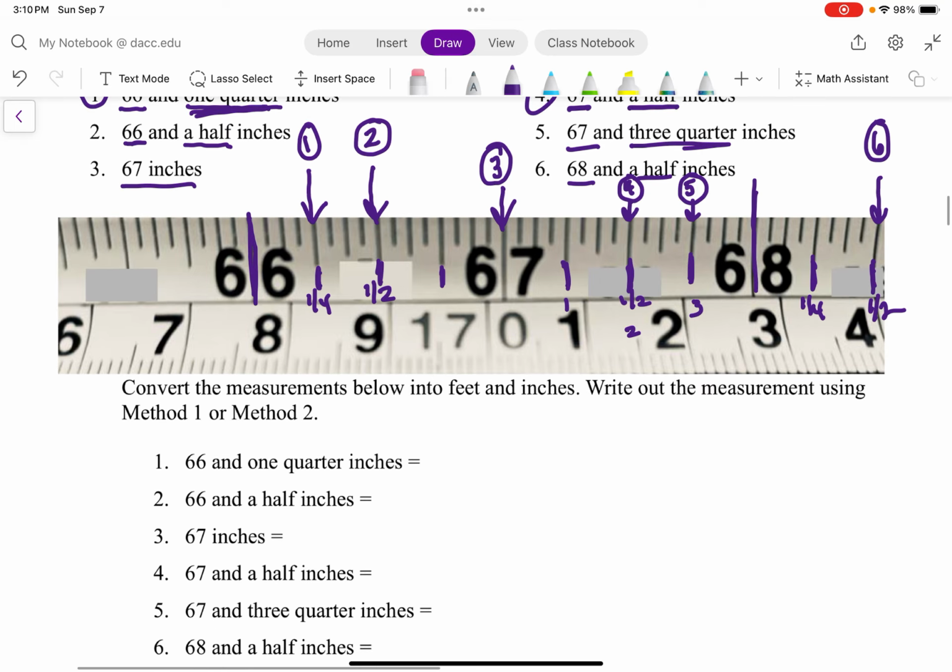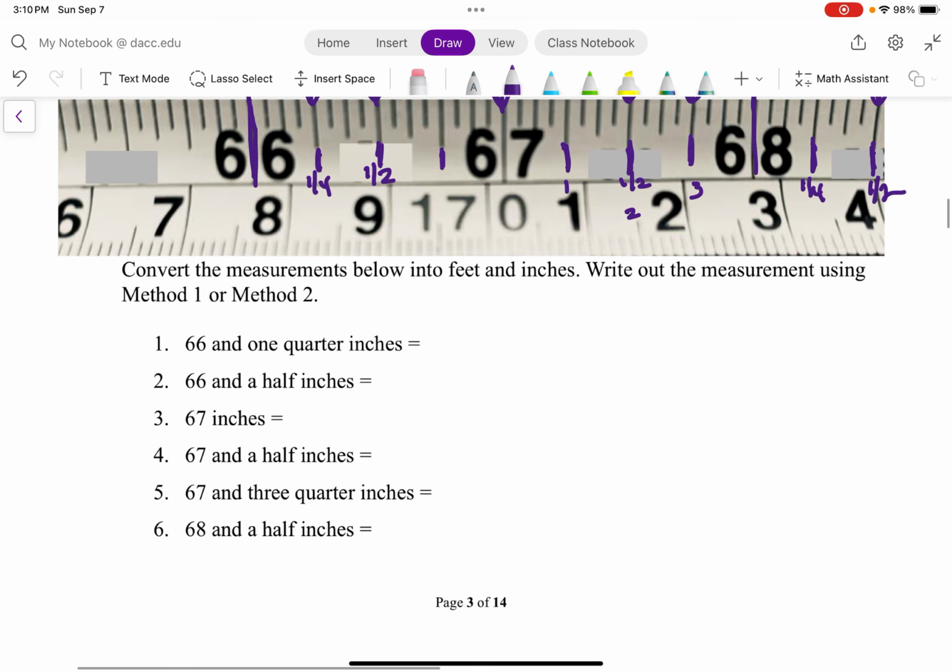So now this is asking us to convert the measurements below into feet and inches. And we can write it out using method 1 or method 2. So we have 66 1/4 inches, and we have to turn that into feet and inches.